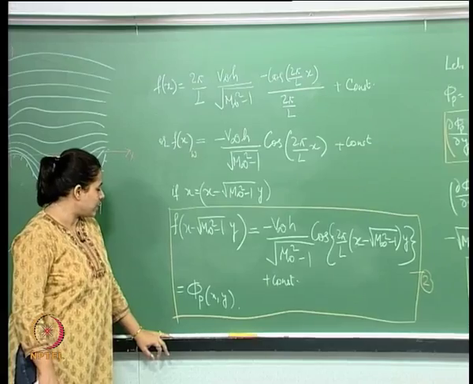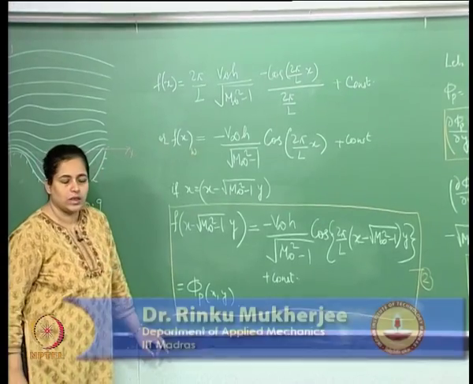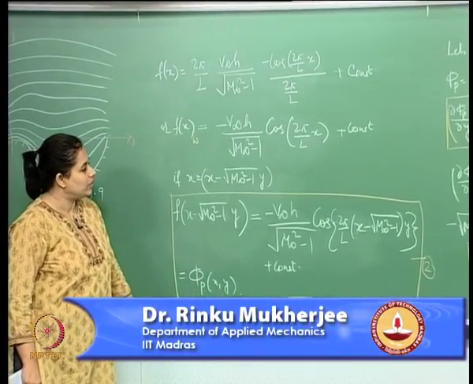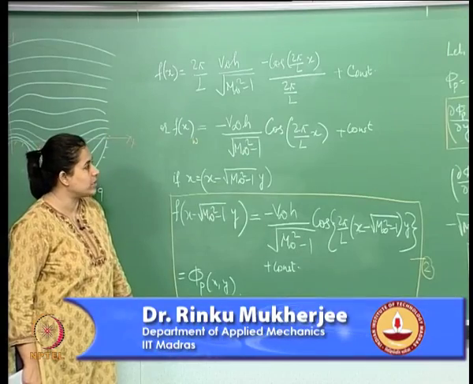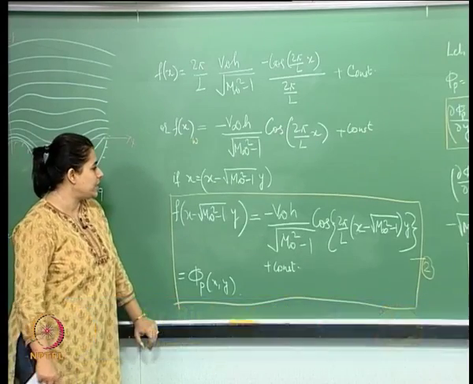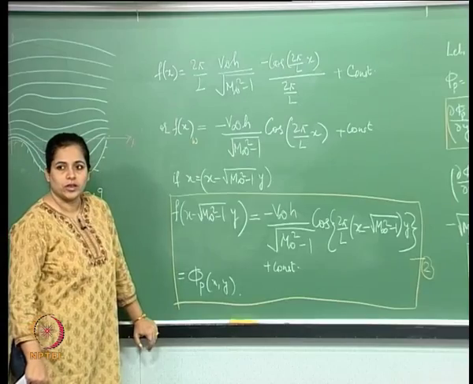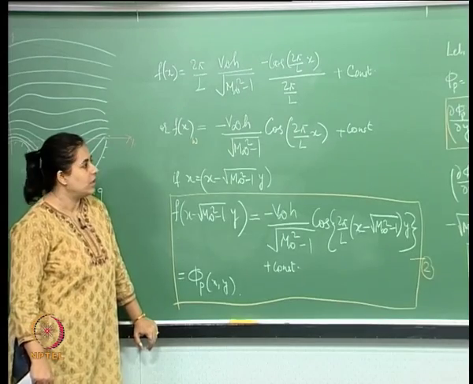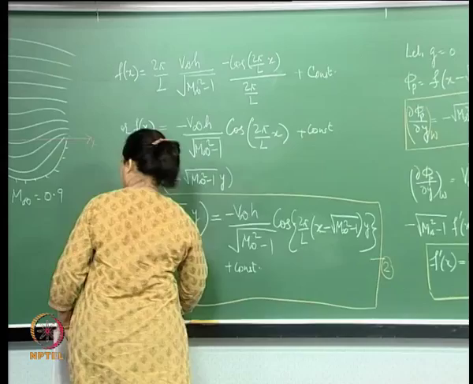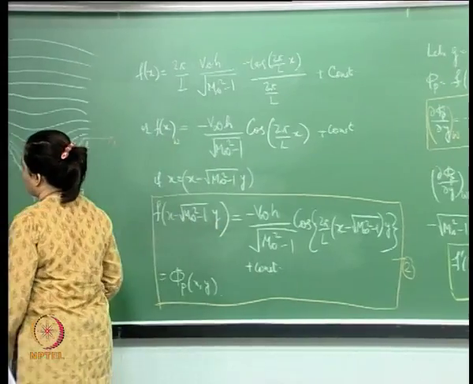So now having got an expression for the perturbation velocity potential, what we need now is the coefficient of pressure, the surface pressure coefficient. Let's see how we will go about that.